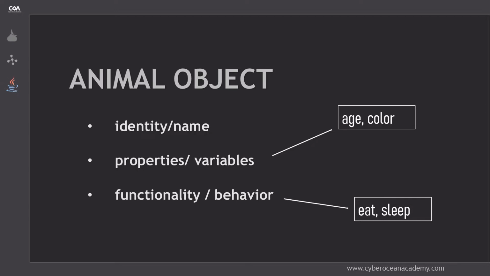So in the case of animals, the properties are age and color. And third is functionality and behavior. So in the case of animal, it is eat, sleep. So objects will communicate with each other using the functionality or the methods. And when they communicate, they exchange these properties or variables. The information is exchanged in the form of properties and variables.